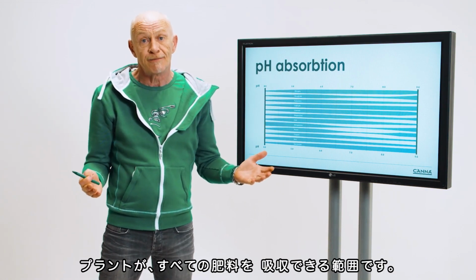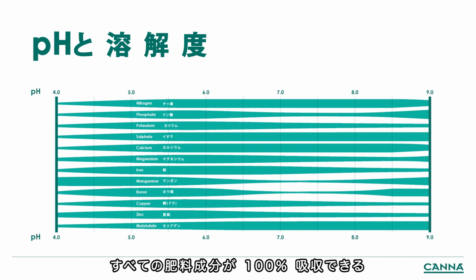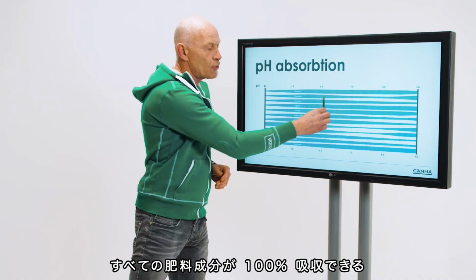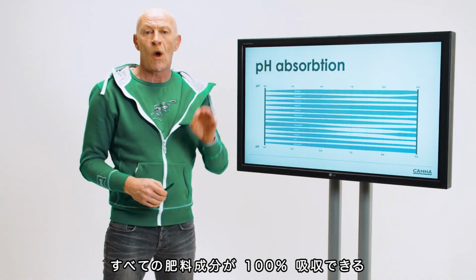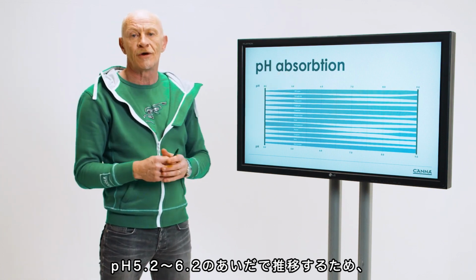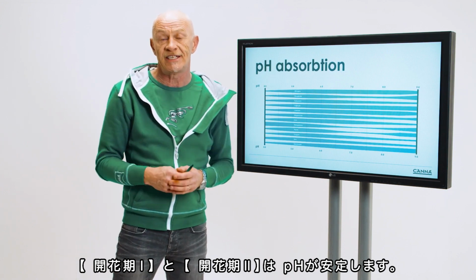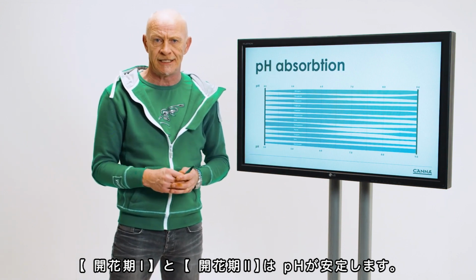So the plant can take them all. So between 3 and 5, all growers can grow. The balance comes back again, so we are staying somewhere between 5.2 and 6.2. All nutrient elements are available for 100%, and that is why growing in that phase is actually quite easy.